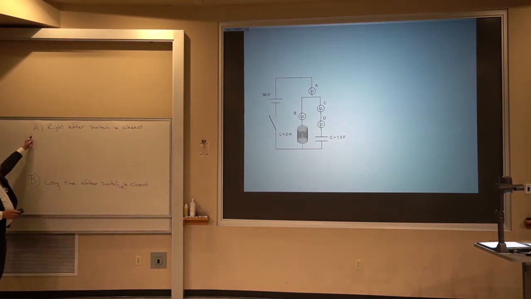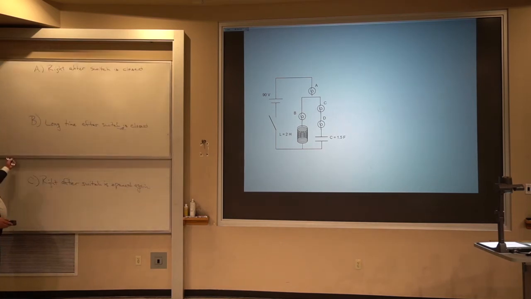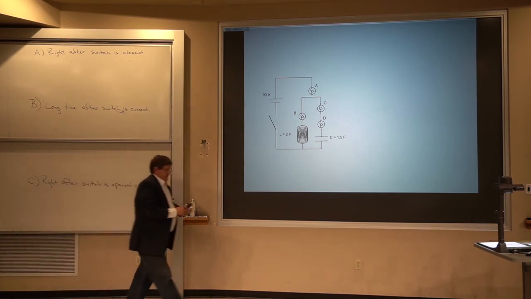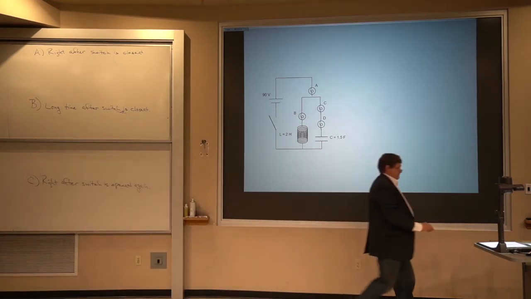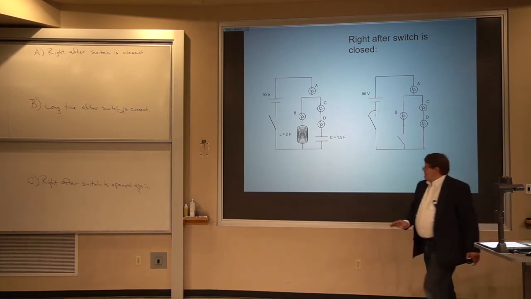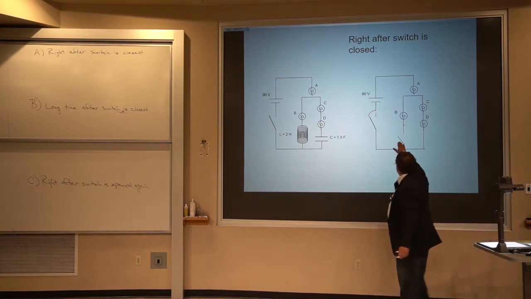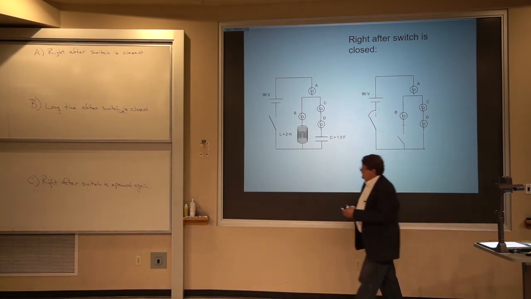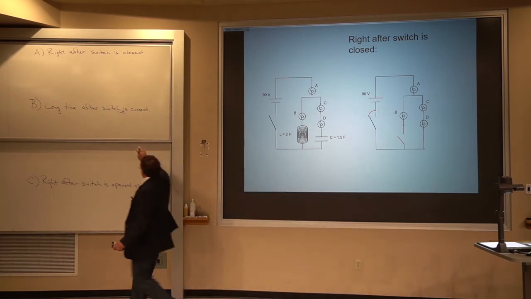Right after the switch is closed, a long time after the switch is closed, and then we open the switch again. So, right after the switch is closed, the inductor acts like an open switch. The capacitor is empty, so it acts like a wire. Okay, so let's remind ourselves here.